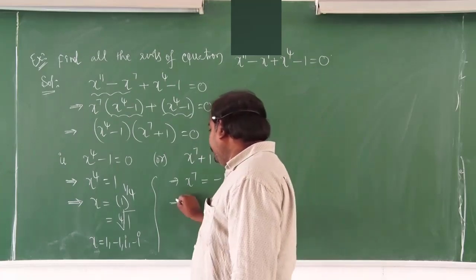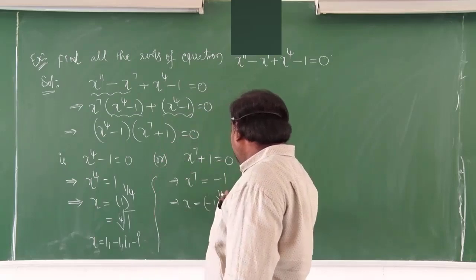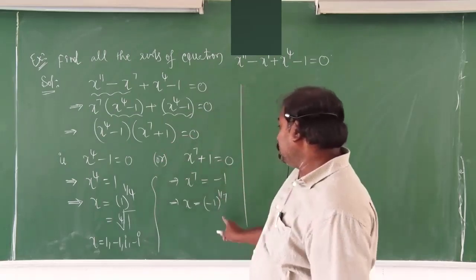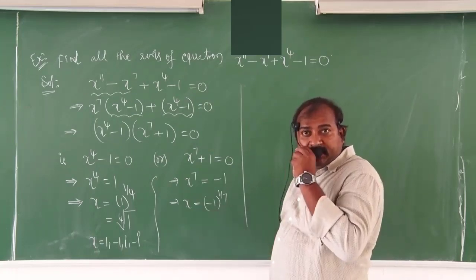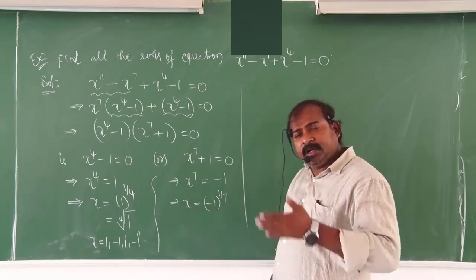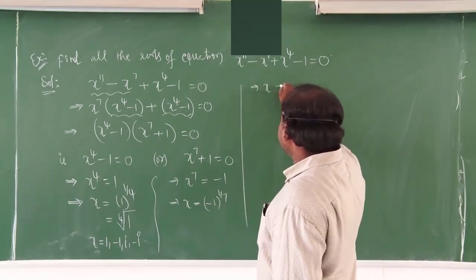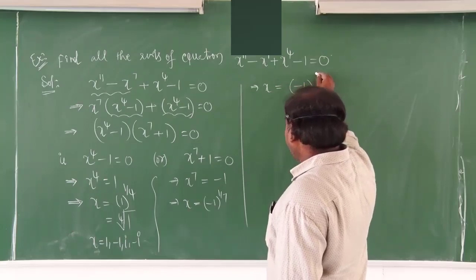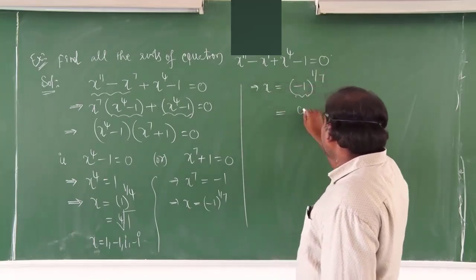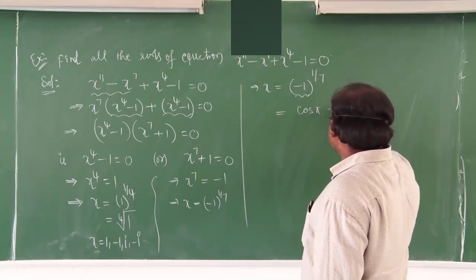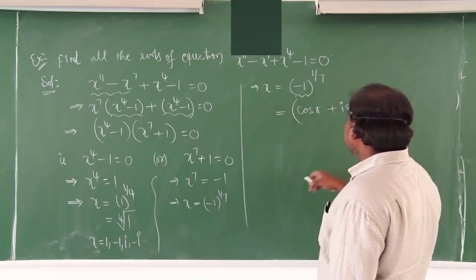Then x is equal to minus 1 whole power 1 by 7. So the 7th roots of minus 1. As we did in the previous bits, we have to proceed in the same way. So x is equal to minus 1 whole power 1 by 7, which I can write as (cos pi plus i sin pi) whole power 1 by 7.